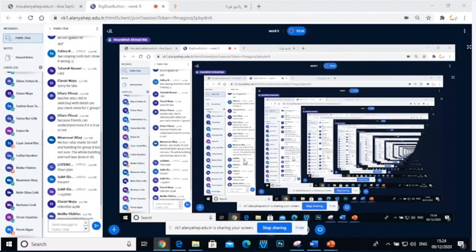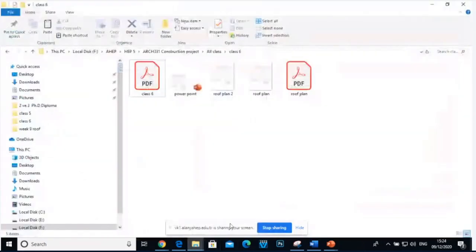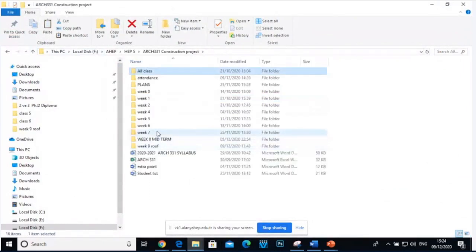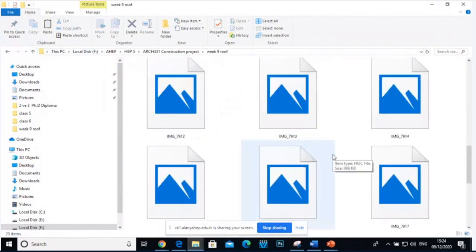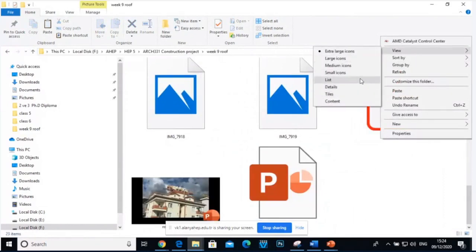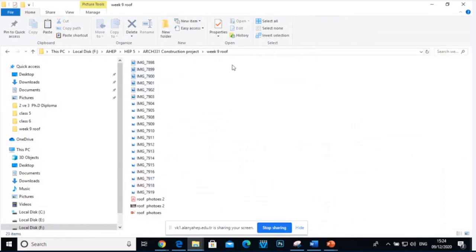And we have class 6 in week 9. View by list. Class 6 roof plan. And what was the other one?